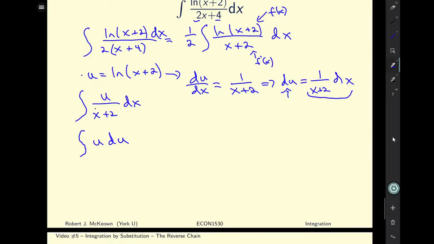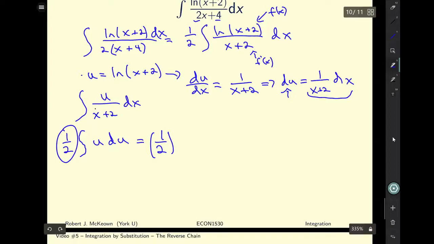That's neat. What's the integral of that? Well, it looks just like a power function. So I'm going to treat it like a power function. And when I integrate, I've got 1/2, right? That's this half out here, multiplied by u squared, adding 1 to the exponent, divided by 2, which is equal to, well, maybe I'll just rewrite this as u squared over 4.